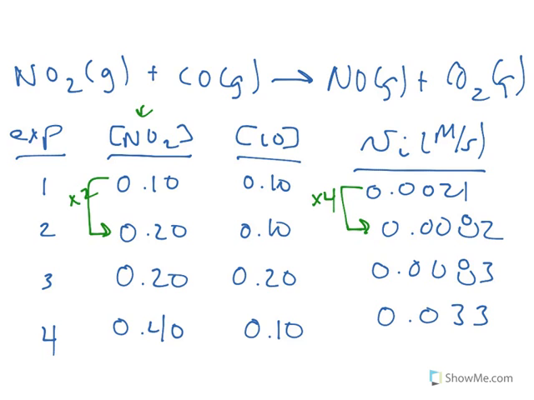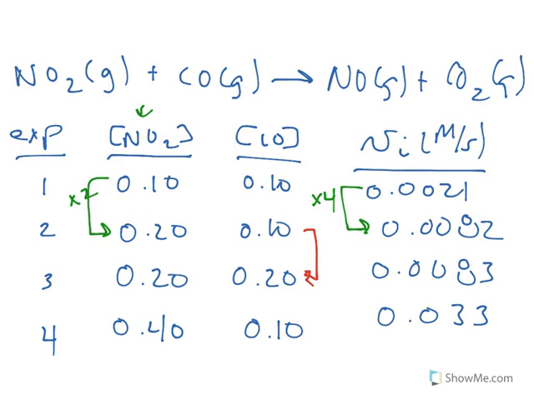All right. Let's go look at the carbon monoxide change and see if we can find one there. Okay, obviously it doesn't change between experiments 1 and 2, but it does change between experiment 1 and 3. However, it looks like my NO2 is also increasing, so I can't use that. All right. What about between 2 and 3? That'll work.